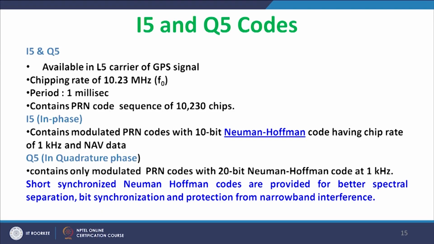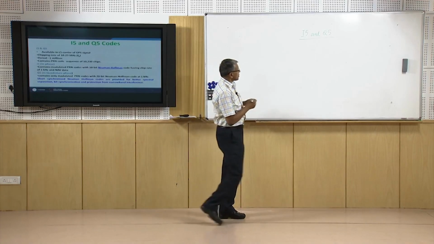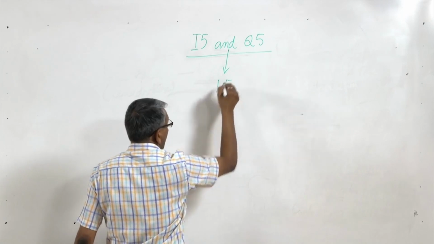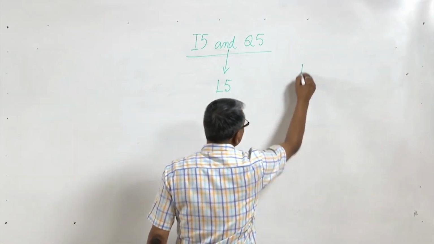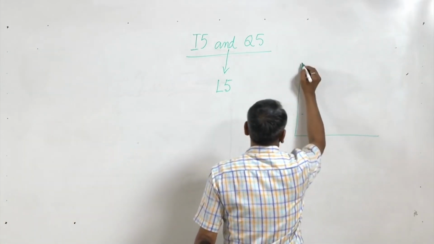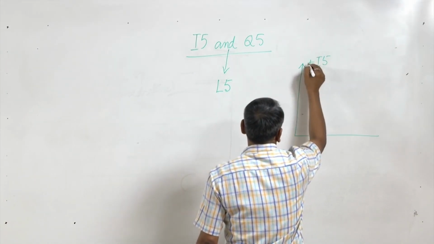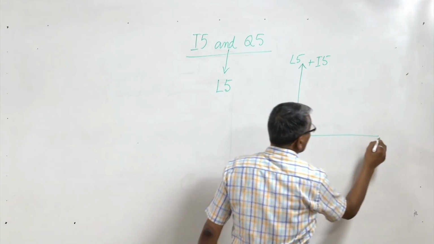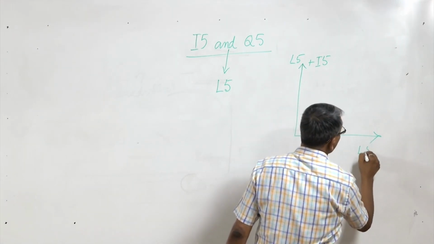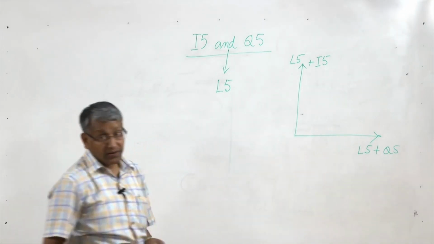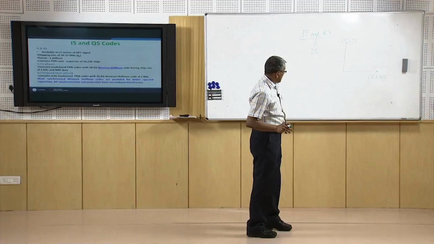Next, it is the I5 or Q5 codes. These two codes are available with the L5 signal. As I have told you, the I5 code is available in phase with the L5 signal, whereas the Q5 code is available in the quadrature phase.